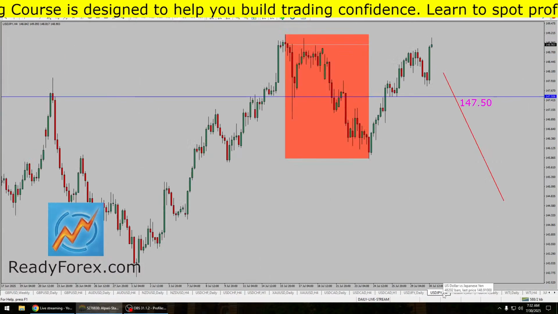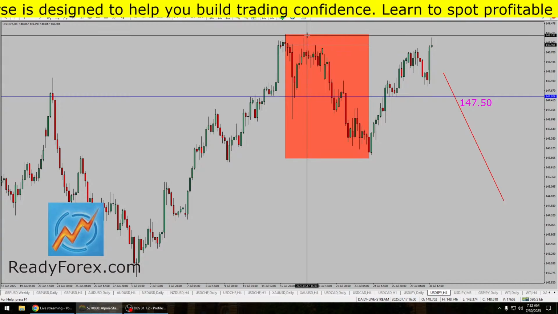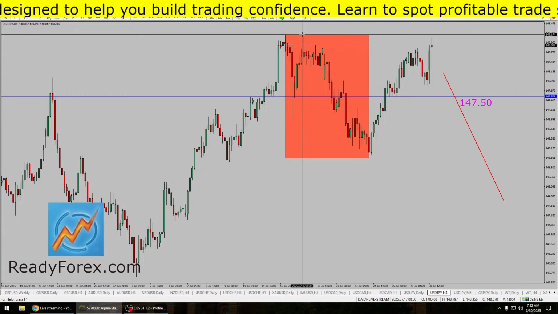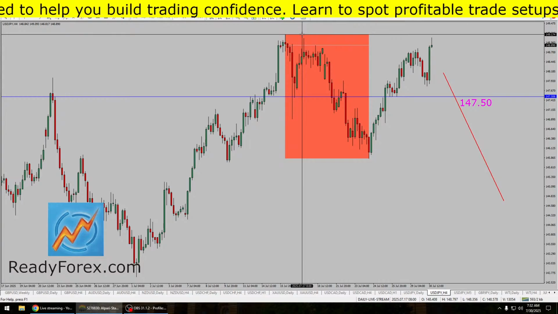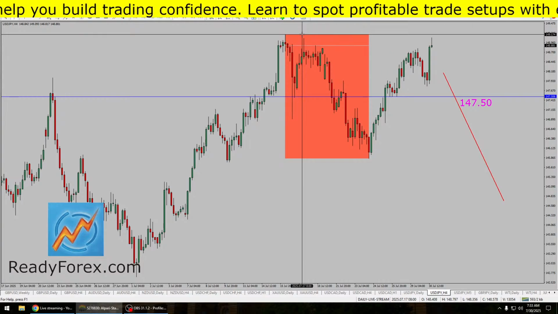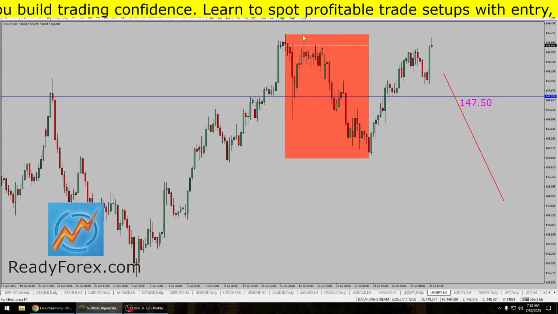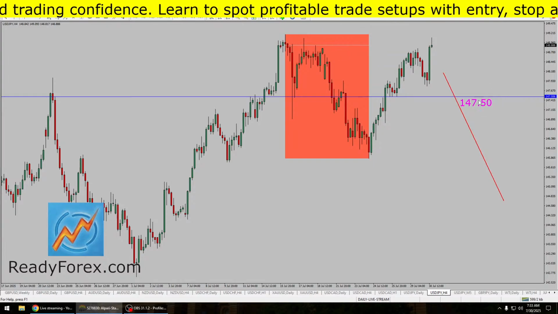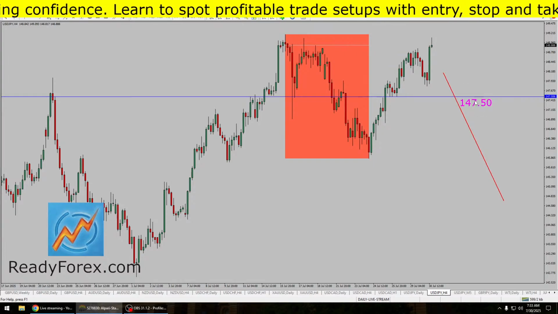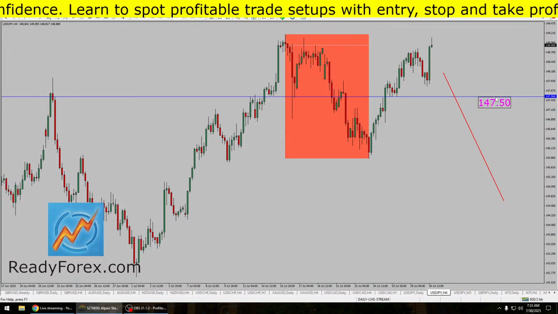If you go over to a 4-hour time frame, price action is almost there to take out the old swing high, but it could fail as well. For those who are looking for a downside or bearish pattern, wait for the price action to break below the 147.50 level.